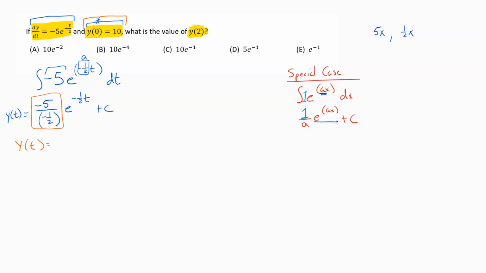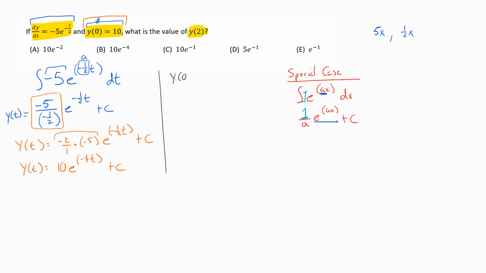I can flip that fraction on the bottom, so that would be negative 2 over 1 times negative 5, and all this other stuff comes along for the ride, plus c. Negative 2 times negative 5 gives me 10e to the negative 1/2 t plus c. Now we'll use our initial condition.